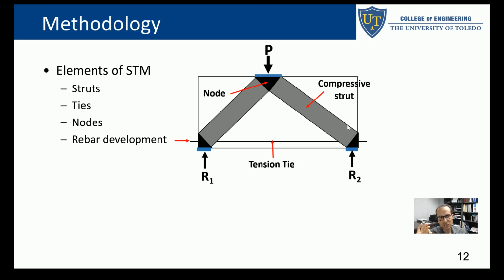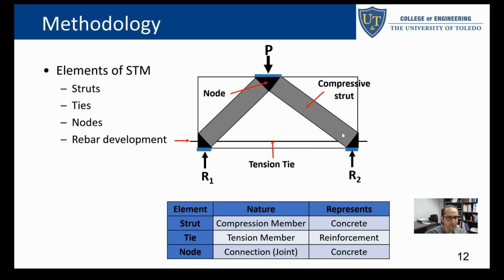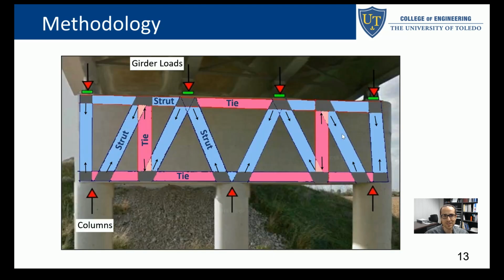It's the arch action, so it's really important for a valid strut-and-tie model to have that rebar development, right? If it's not developed, you reduce the capacity, right? You reduce the capacity. So there are ways of dealing with it, but in a new design, you want your rebar to be developed.